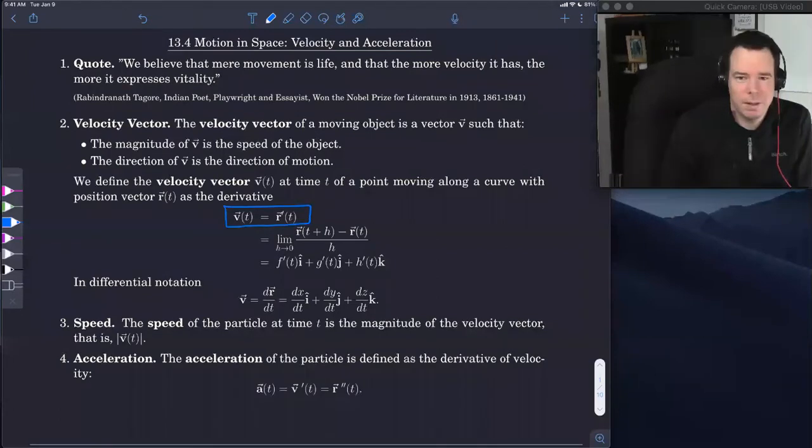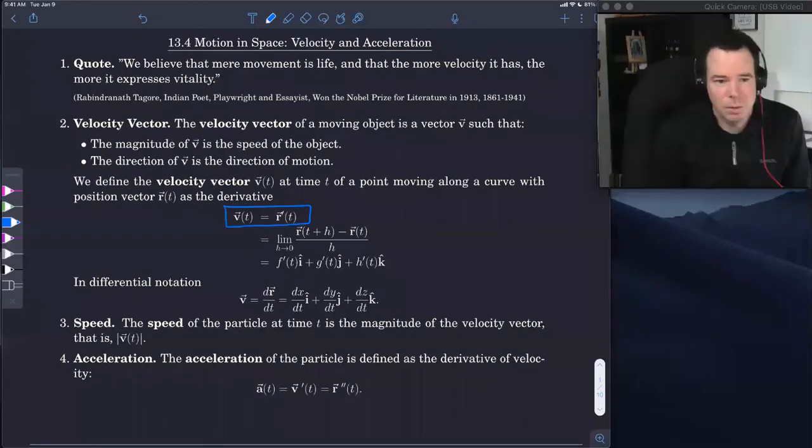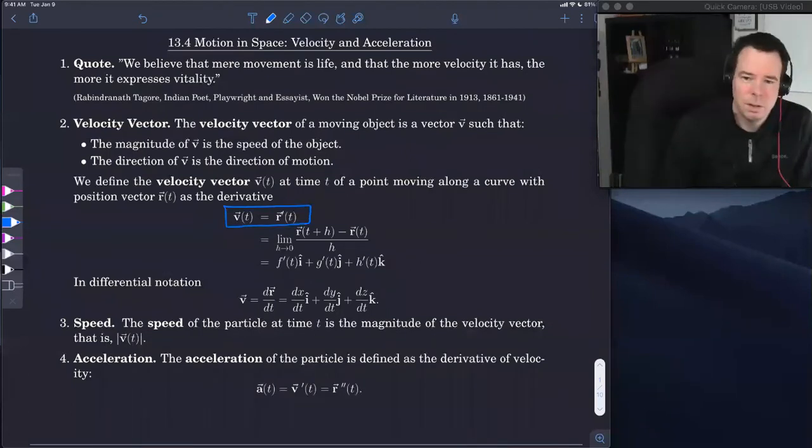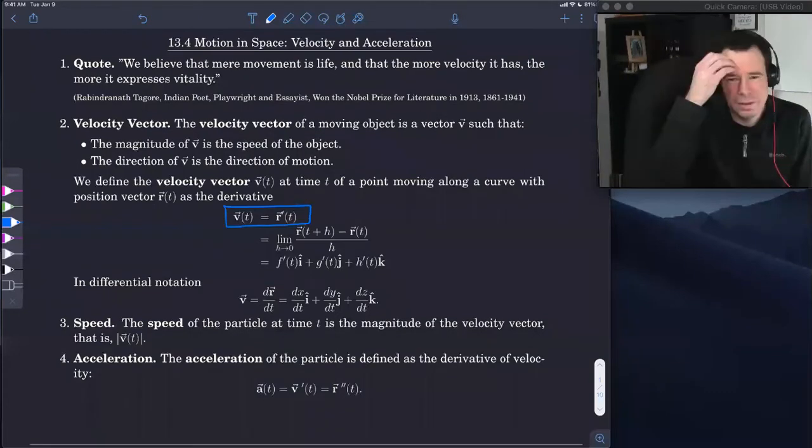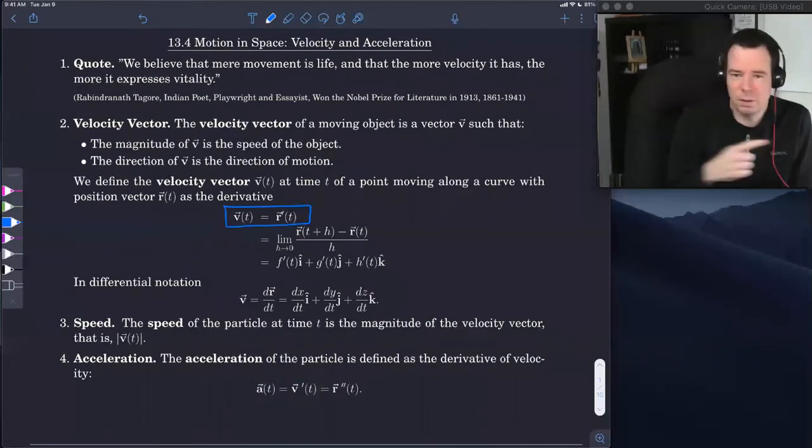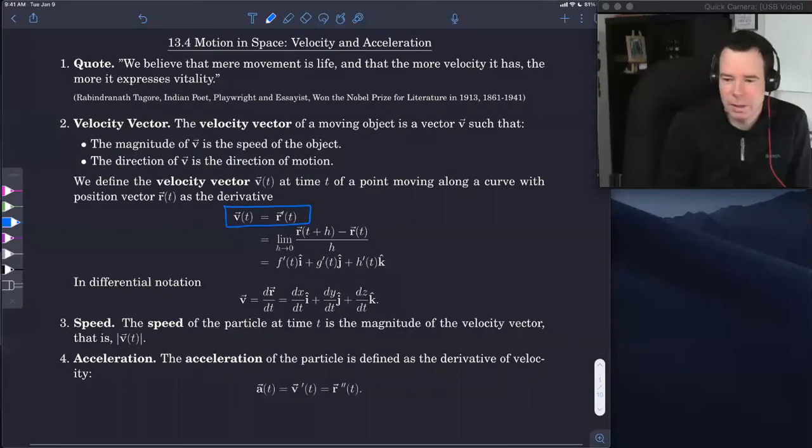In the past, when you've mostly been dealing with particles moving in 2 dimensions, or even in 1 dimension, when you imagine a particle moving back and forth along a line, then its speed is just the magnitude of the velocity; you strip the sign away and you get the speed.